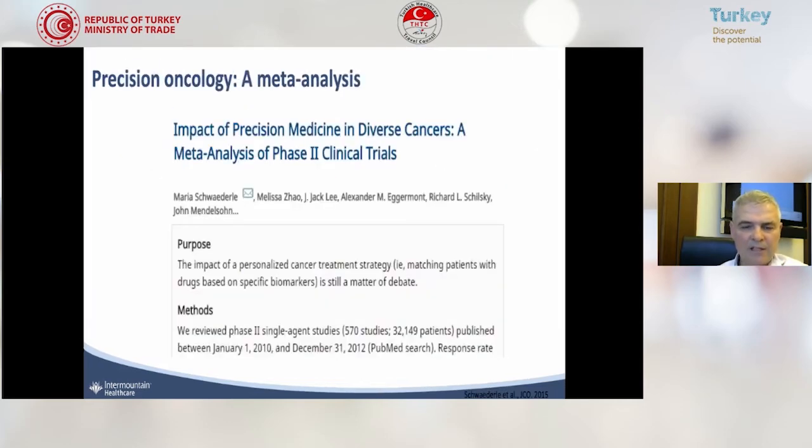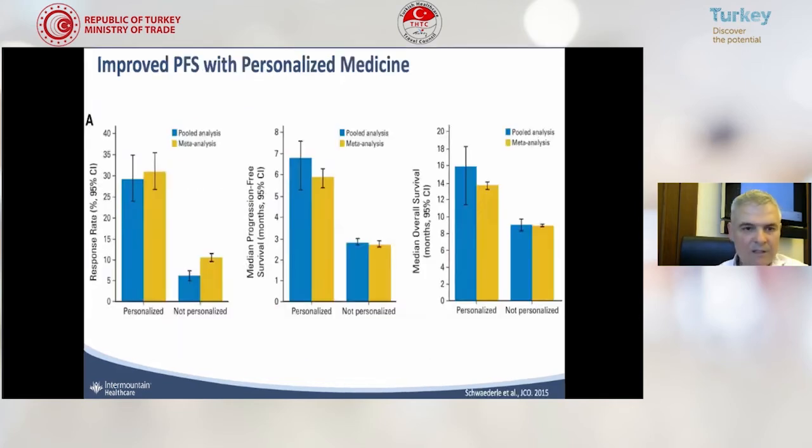We see with precision medicine, next slide please, with personalized medicine, in a pooled analysis, a meta-analysis, the response rate is much higher than conventional medicine, if you see on the left-hand side.